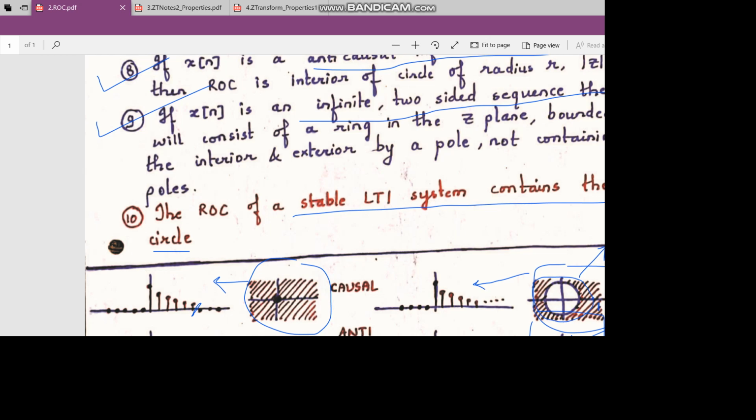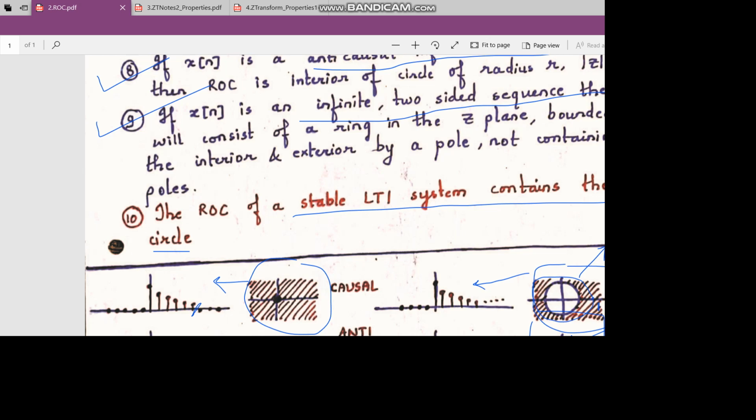Looking at the ROC, if we find that the unit circle is inside the ROC, then we can conclude that the system is stable. And if the ROC does not contain the unit circle, it means the system is unstable.